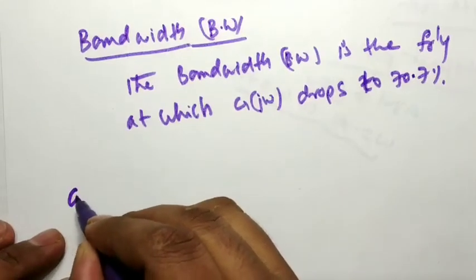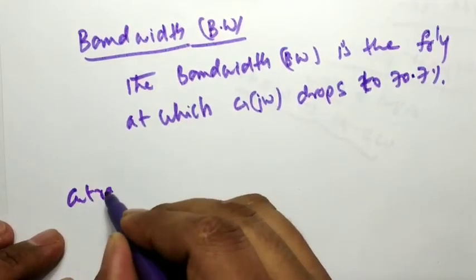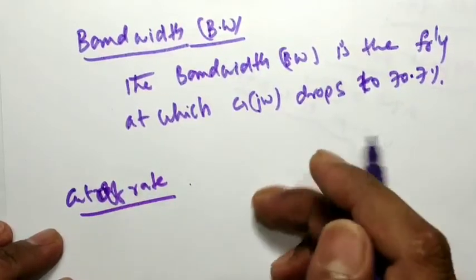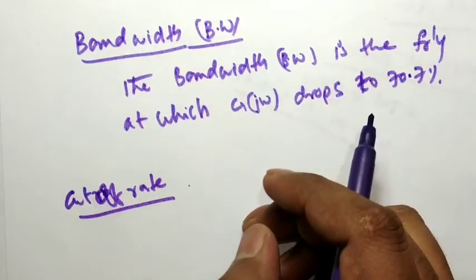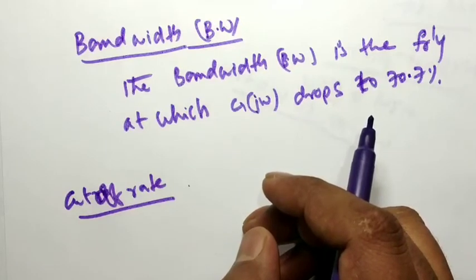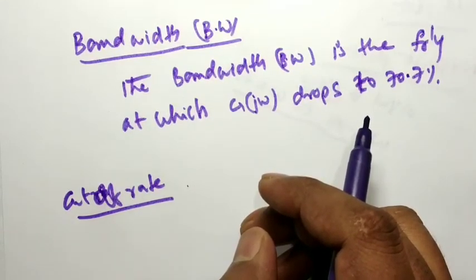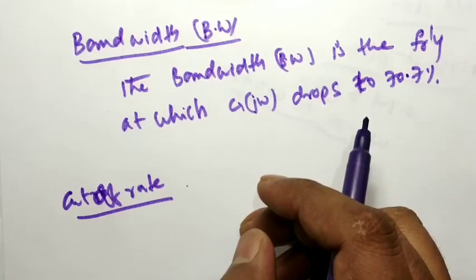Next is the cutoff rate. Often bandwidth alone is inadequate to indicate the ability of a system in distinguishing signals from noise. Sometimes it may be necessary to look at the slope.